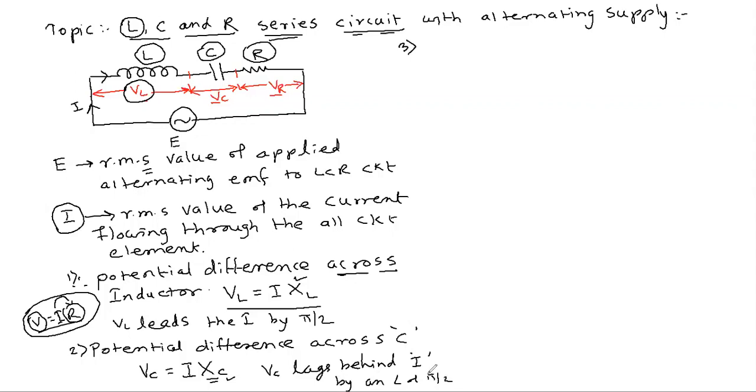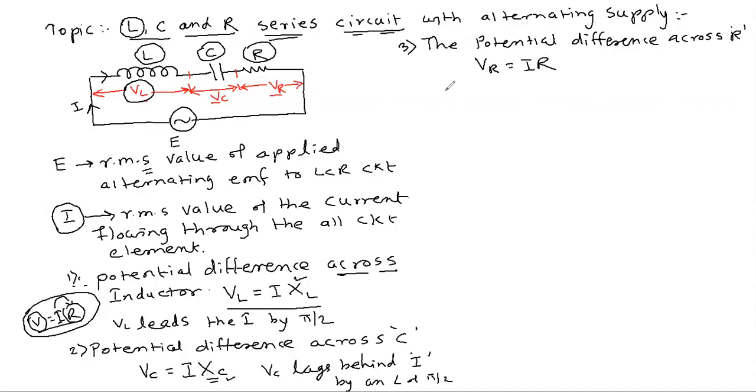Now the third case, the potential difference across the resistor R. Very simply, by using Ohm's law, VR is equal to IR.